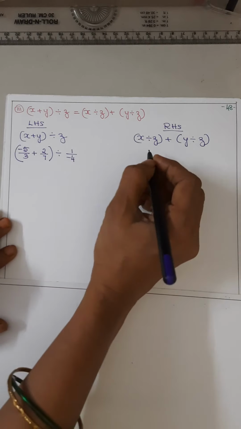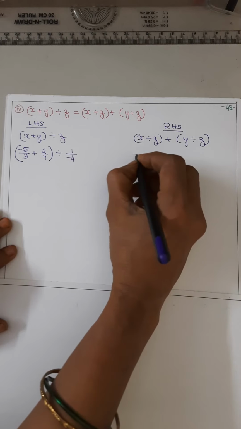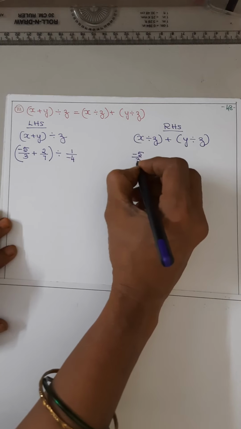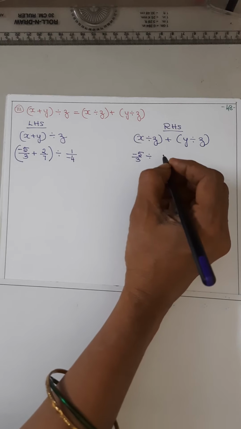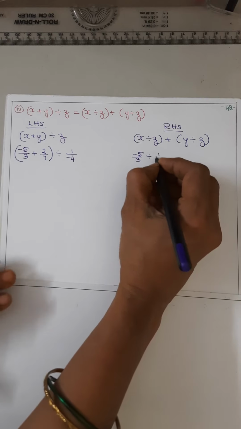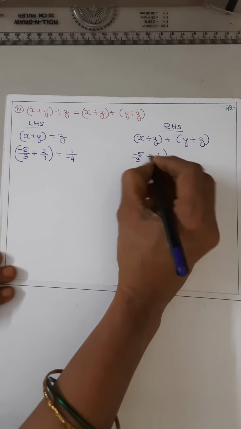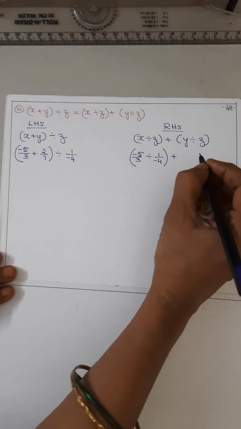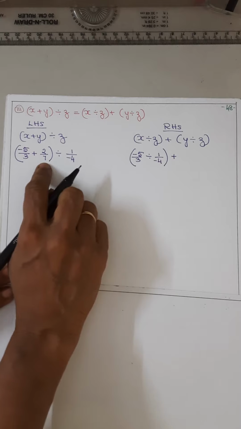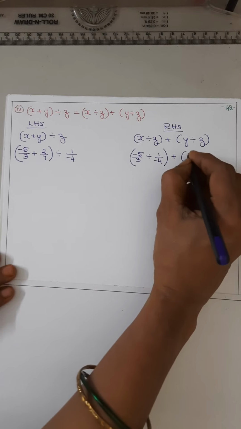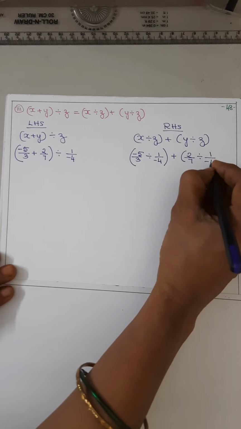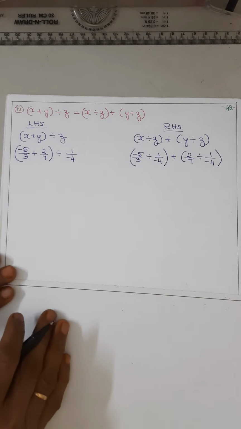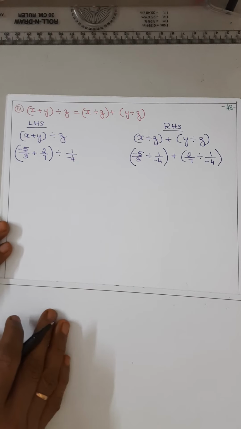And in RHS, X is minus 5 by 3 and Z is, here we have to take first Z, 1 by minus 4, plus, now Y is how much? It is 2 by 7 divided by 1 by minus 4. Okay. Now solve LHS and RHS.